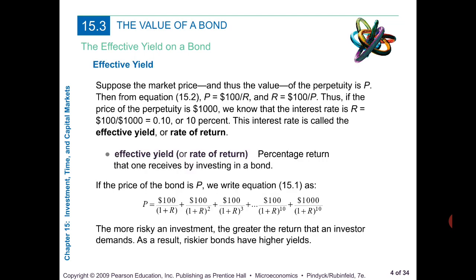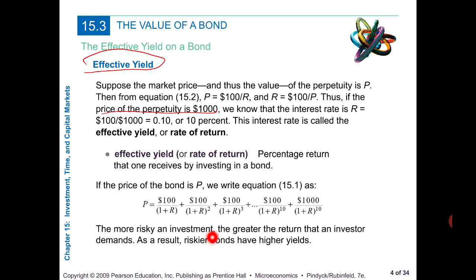Now let's go back to bonds, and we come to this concept of effective yield. Say you're buying a bond in a secondary market. It's already been issued and traded, so you purchase a bond in a market. If it is a perpetuity, the price of the bond that you're paying is 1,000.